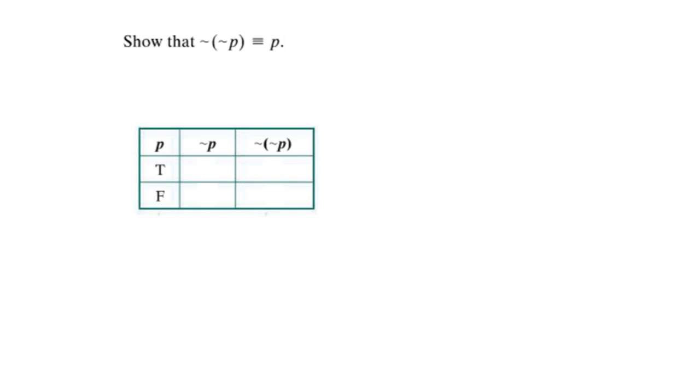Show that the negation of not P is equivalent to P. That symbol means is equivalent. First of all, you need to find what's inside parentheses, the opposite of P. If P is true, the negation is false. If P is false, the negation is true.